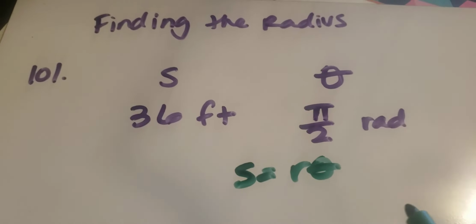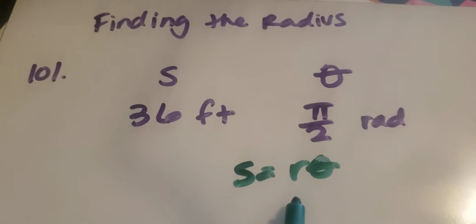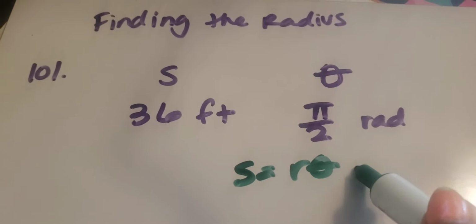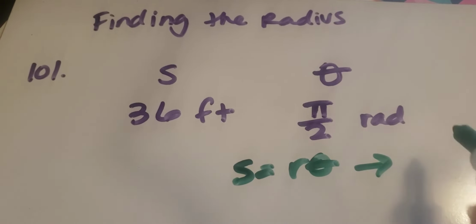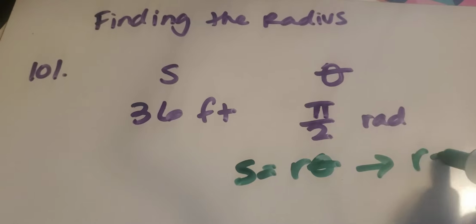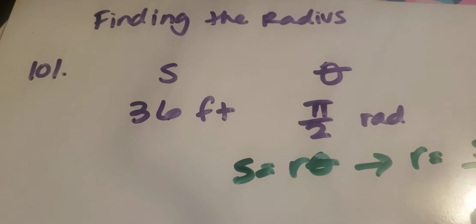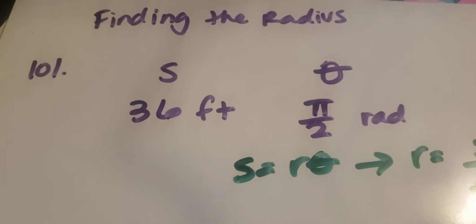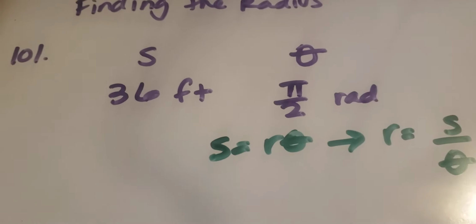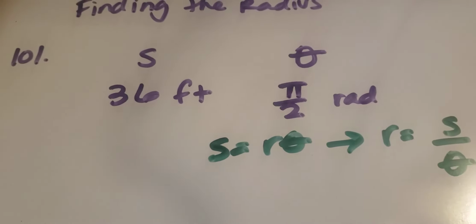Since we're solving for the radius, I just have to isolate the radius, so I'm going to divide both sides by theta. So r is going to be arc length divided by theta. Now that I have everything that I need, I'm just going to go ahead and plug it in.